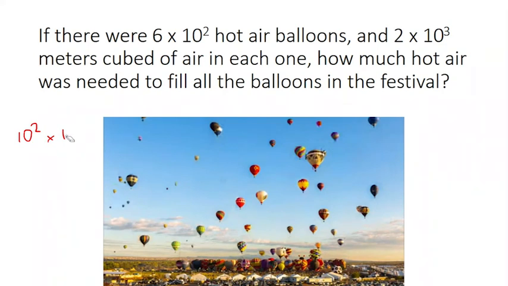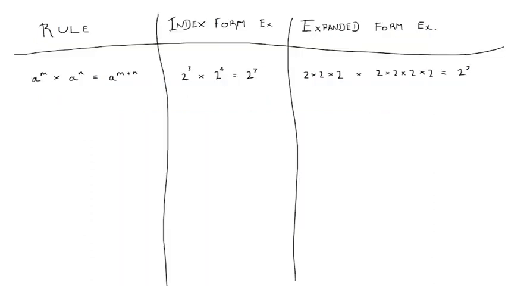Okay, so I just told you an index law, but I didn't explain why if I multiply this by this, I get 10 to the power of 5. And we are going to go through exactly why these index laws are true.